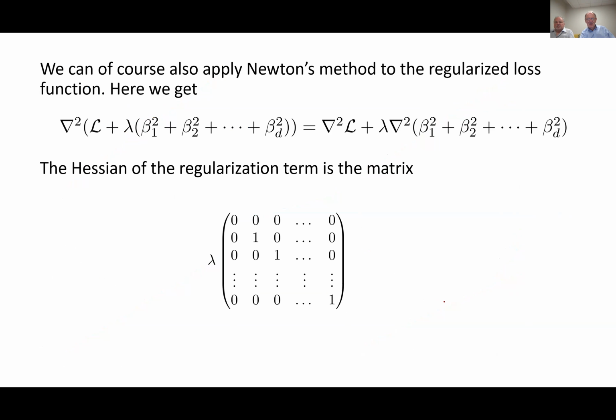So we can also use Newton on the regularized function, of course, and that is again pretty simple because all we have to do is again take the double derivatives. Again, it's just the sum of the double derivatives of the unregularized loss function and the double derivatives of the regularization term.